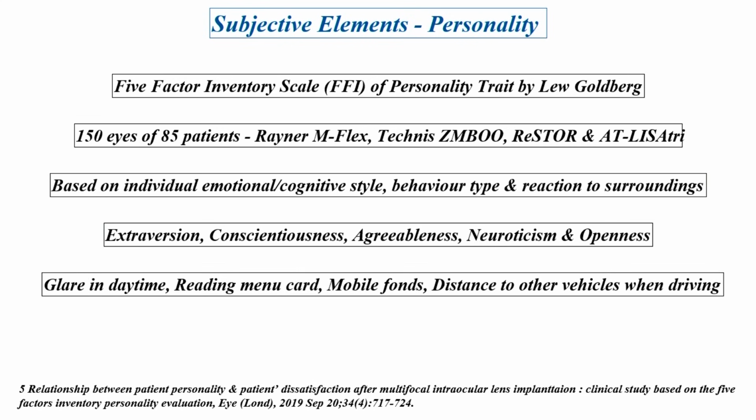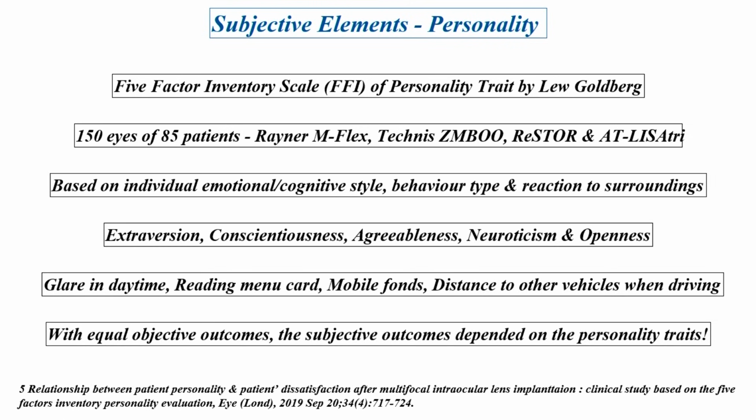The questions were about the glare they find in the daytime, how difficult it was reading menu cards, whether they are comfortable with mobile phones, and the distance between vehicles while driving. These are the actual problems they face once they get into their multifocal or EDOF modes, so how good or bad they judge it.